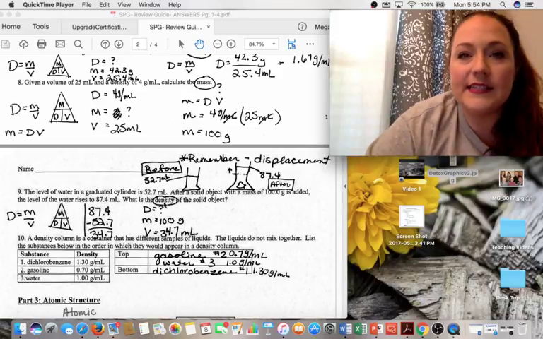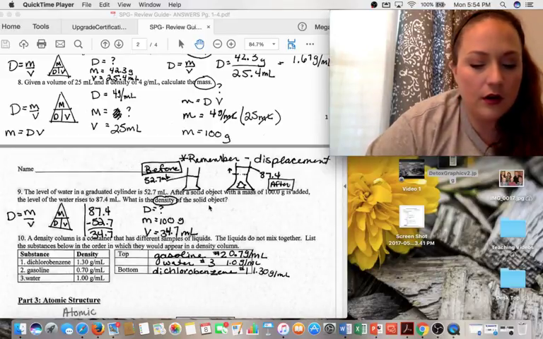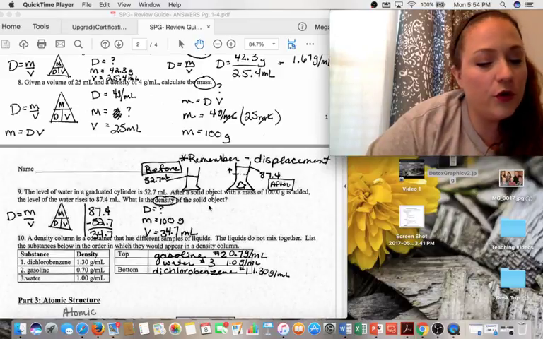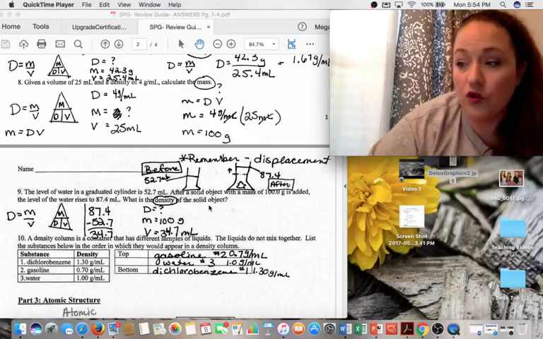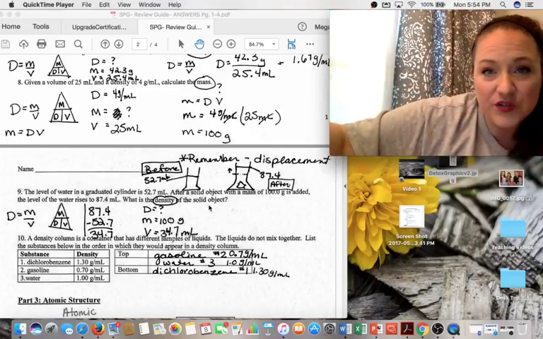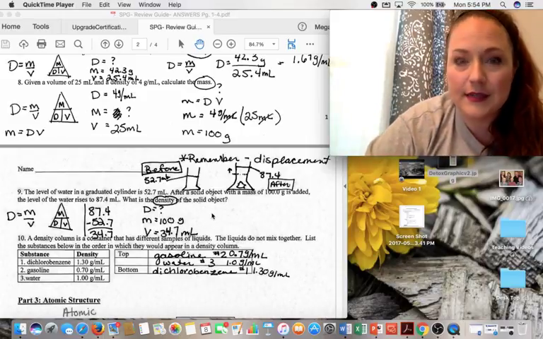What is the density of the solid object? Again, imagine that you're a gold miner, you found a nugget, you want to see if it's fool's gold or the real deal, true gold, and you drop it into a graduated cylinder. And yes, I know I'm using a glass from home. That's because I did not bring one home.